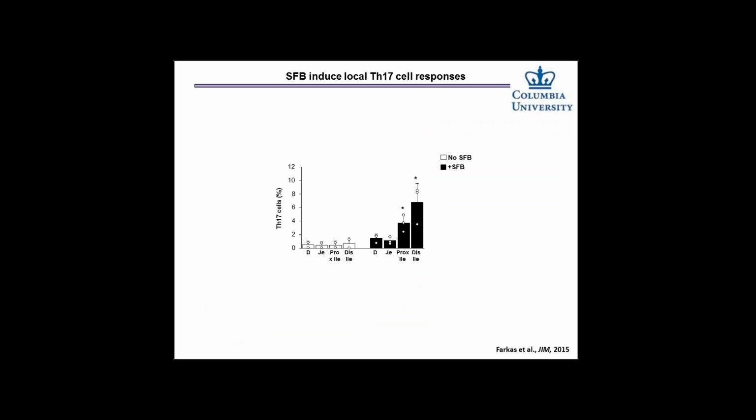And this shows you the representation of Th17 cells in the different parts of the intestine. You can see they're increased both in the proximal and distal ileum compared to duodenum and jejunum in SFB positive mice.